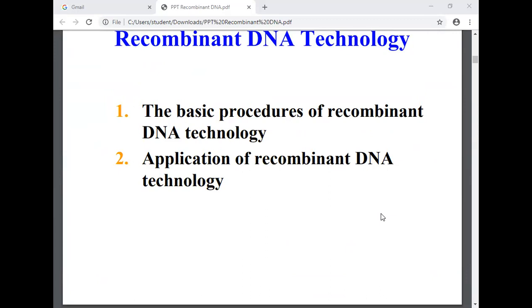First is the procedure of how we can obtain a sequence of base pairs, a segment of DNA of our own desired. Why did we talk about the base pairs and their specific sequence, and about palindromic, that it must be palindromic, right?